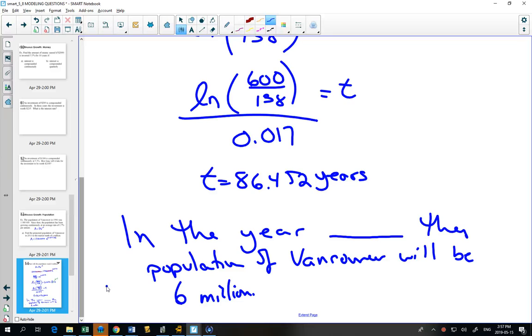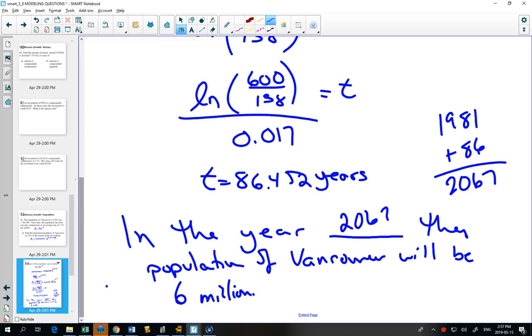What does that 86 years mean? 86 years from the initial year. What was our initial year? 1981. So if you had 1981 and added 86 years to that, you're going to get to the year 2067.